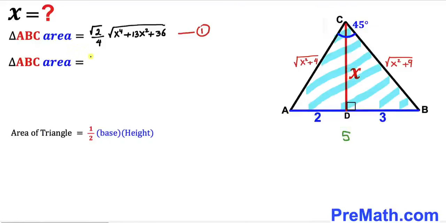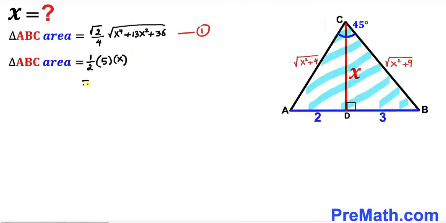So the area is a half times 5 times x, which is 5x divided by 2. I'm going to label this as equation number 2. Now we are going to compare these two equations.